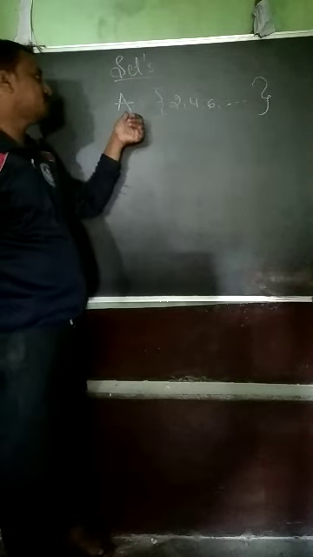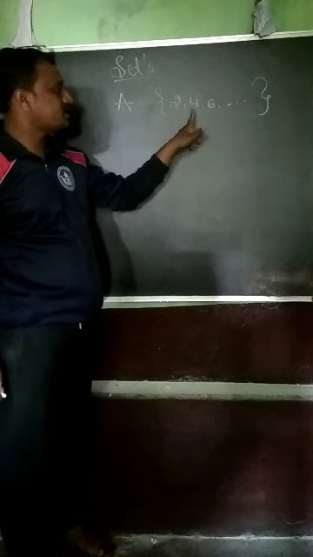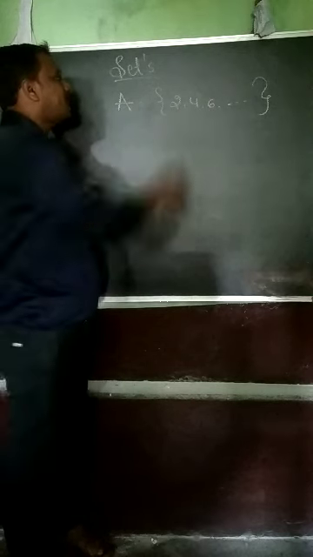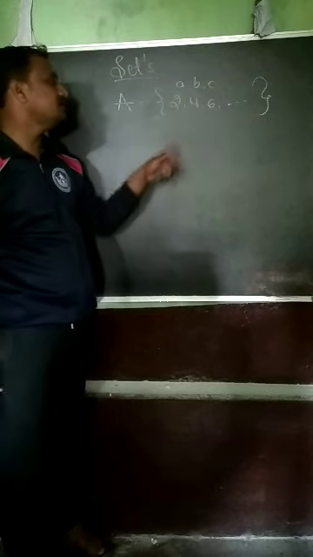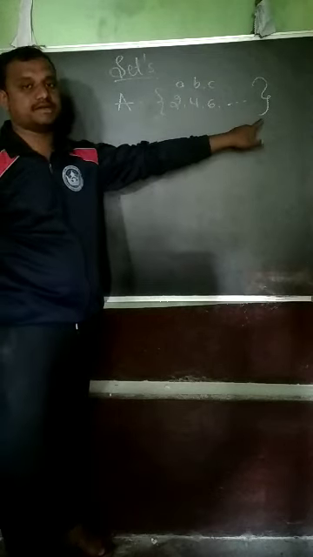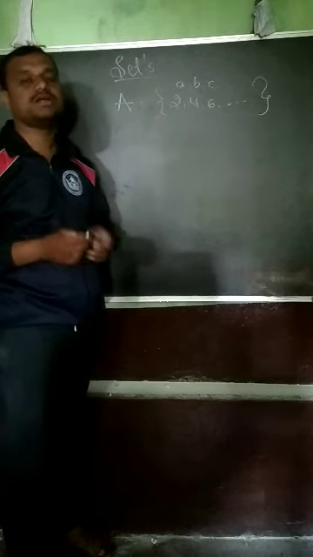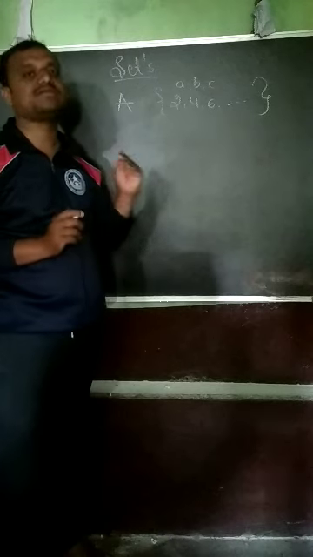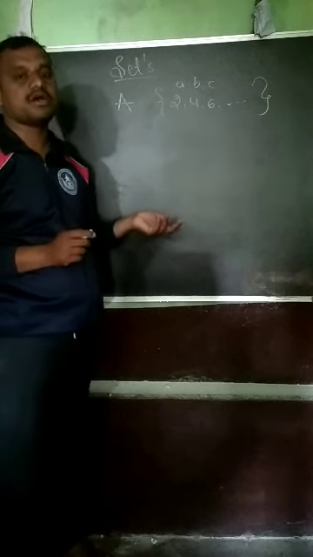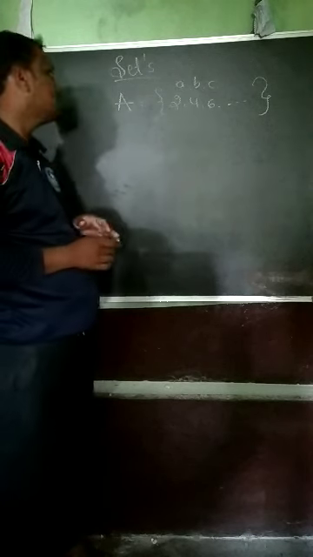The elements are written in curly brackets. For the method of writing sets, there are two methods: one is the listing or roster method, and the other is the rule method, or set builder form.